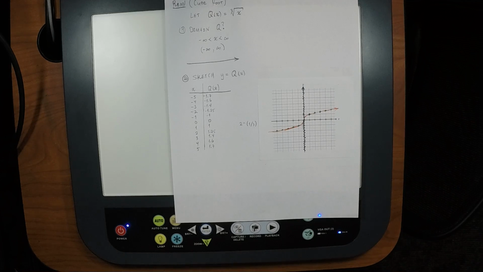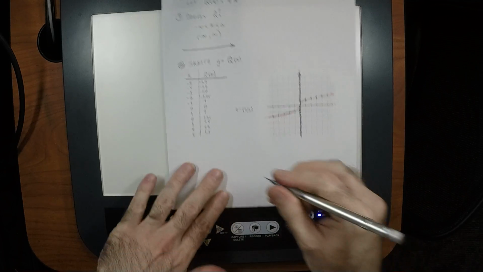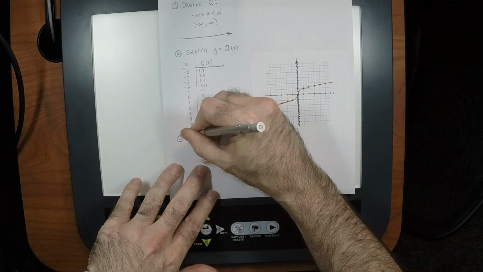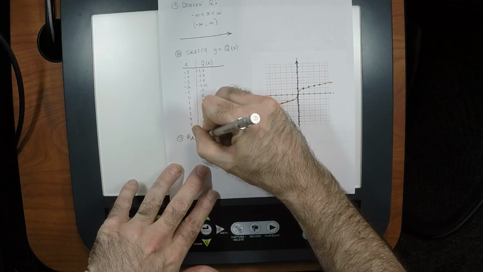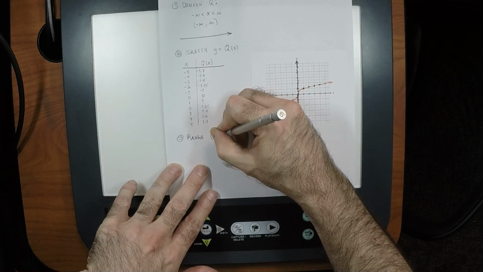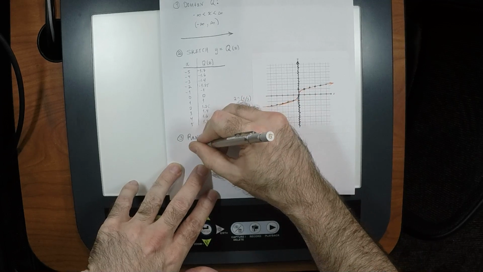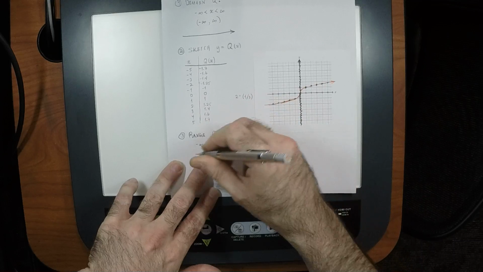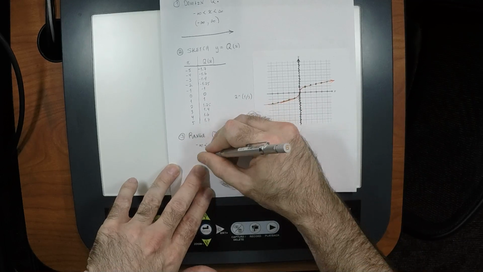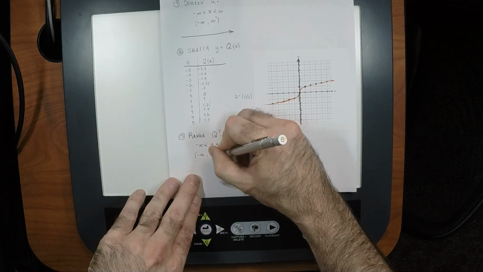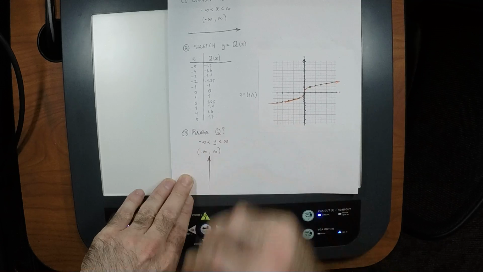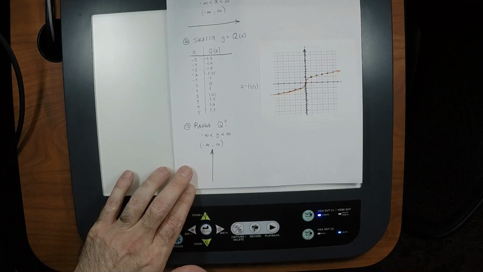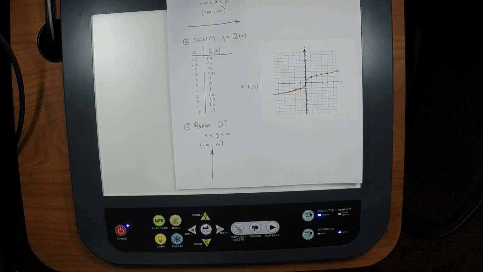Everything is reachable. So negative infinity less than y less than infinity, which could be drawn like that. So the whole thing. Any question about this one?